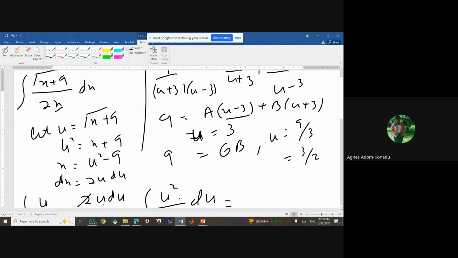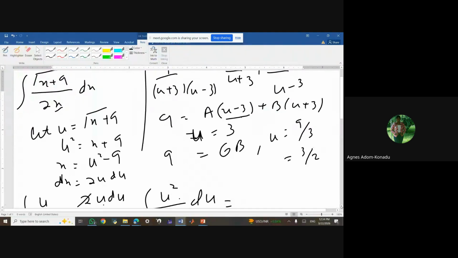So I differentiate with respect to u, and I'm going to get dx is equal to 2u du. In place of the x here, I will write u squared minus 9, and in place of square root of x plus 9, I'll write u.